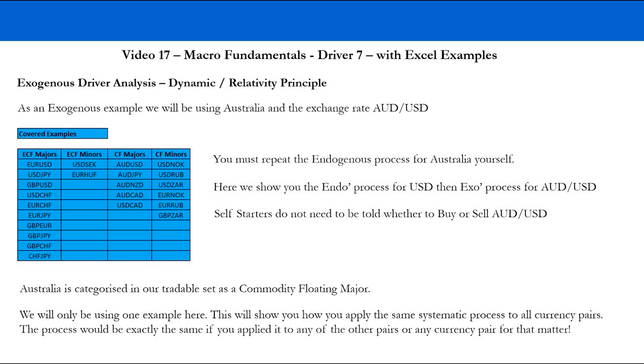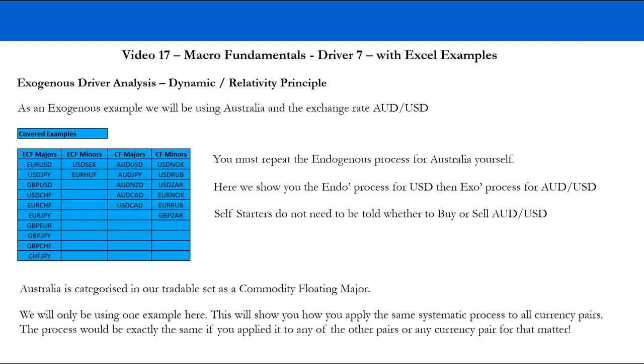Here, what we've done is show you the endogenous process for the US dollar, so you get an example of how the endogenous process is applied. Then we're showing you the exogenous process for the Aussie dollar, US dollar exchange rate. And self-starters basically do not need to be told whether to buy or sell the Aussie dollar.